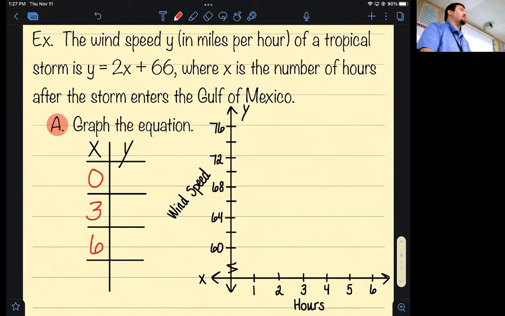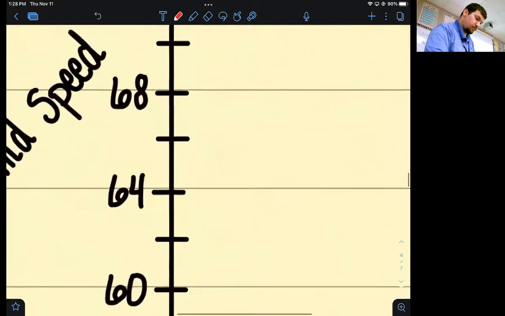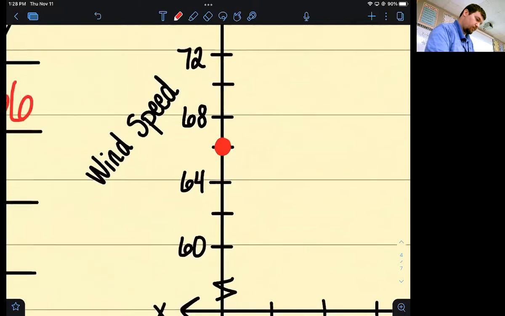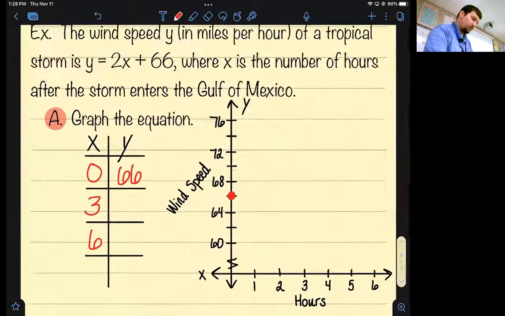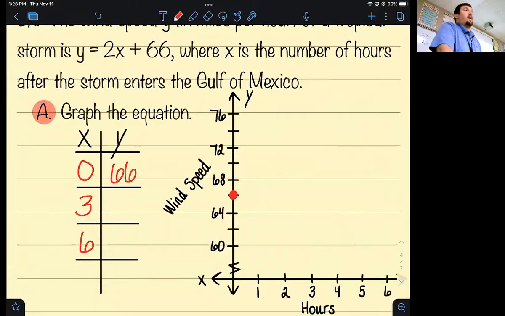When you plug in 0 for x, what's 2 times 0, plus 66? Okay, so graph 0, 66. When you plug in 3 for x, what's 2 times 3? And what's 6 plus 66? 72.